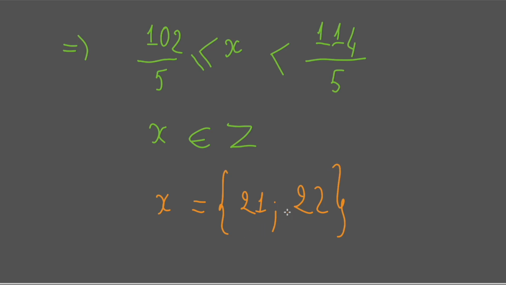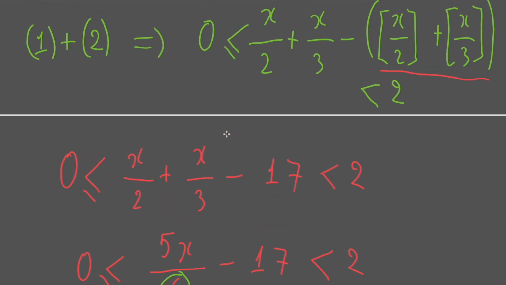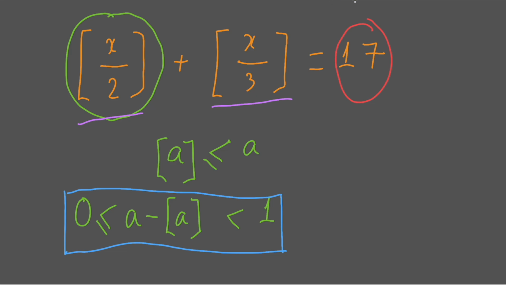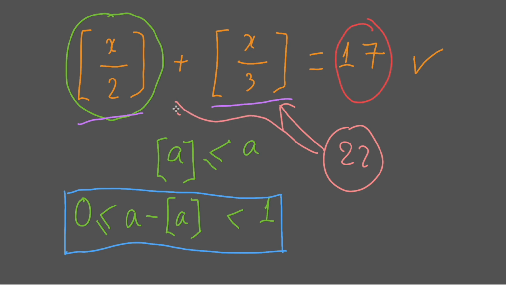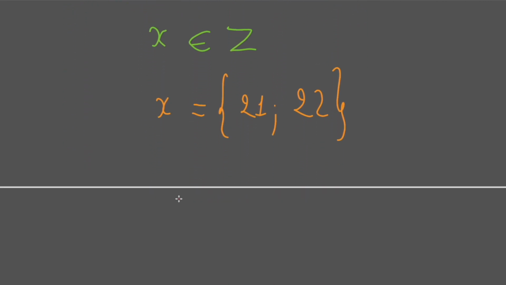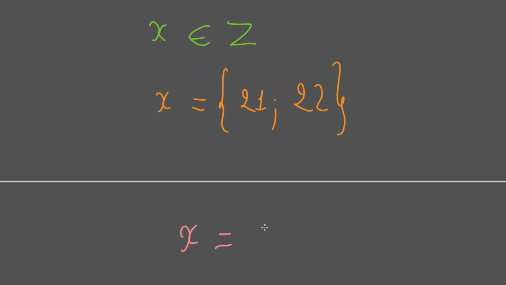You have to replace it back into the problem and make sure it's correct. As you can see, if you try 21 here, this will become 17, that's correct. But if you replace 22 here and here, that would be equal to 18. That's wrong. Then the only solution for this equation is x equal to 21.